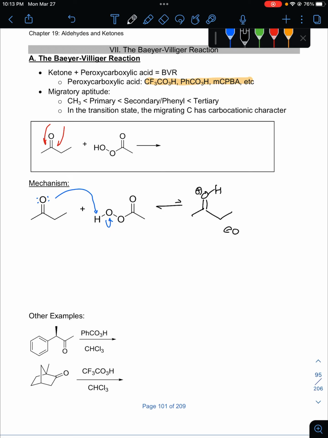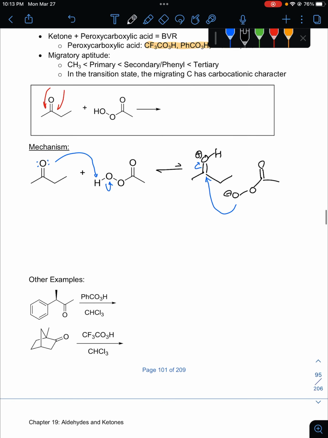Once it's activated, even a weak nucleophile could attack, and this negatively charged oxygen is a pretty good nucleophile. In fact, peroxide is a pretty good nucleophile, so this would not even hesitate for a minute to add to that. It's a nucleophilic addition step.